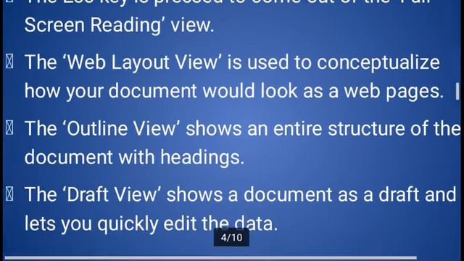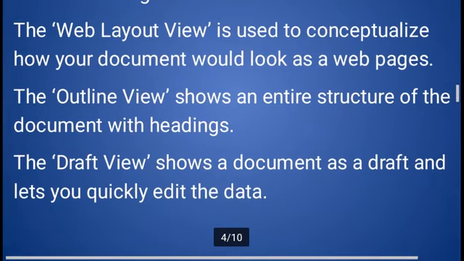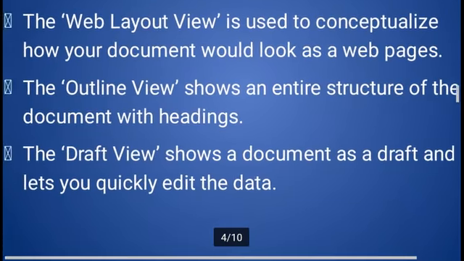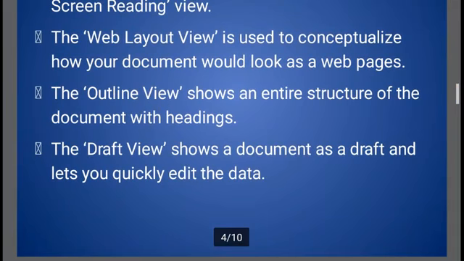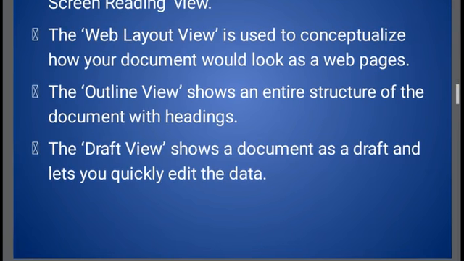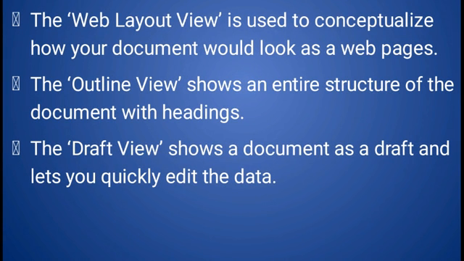Actually this is not a website, but it behaves like one; your document looks like a web page. The outline view shows the entire structure of the document with headings. Only your headings will show. When you click on a heading, you can see the content or jump to the particular topic. Now last is draft view. It shows the document as a draft and lets you quickly edit the data.